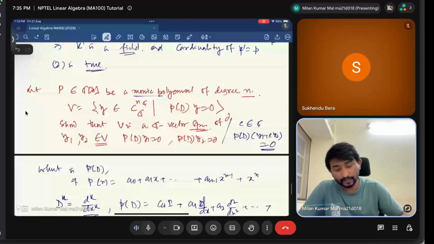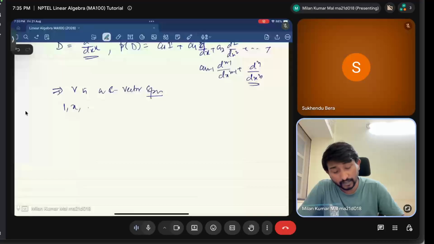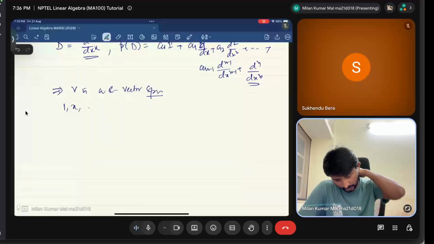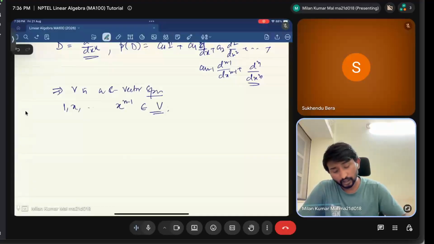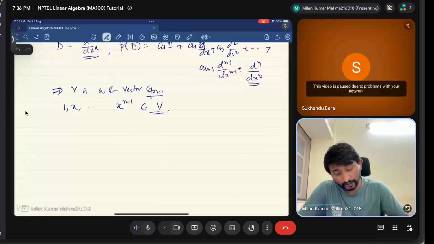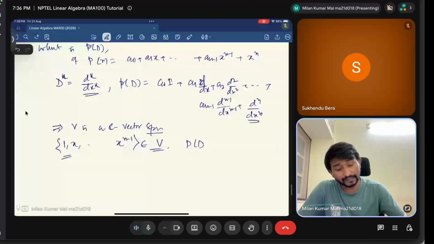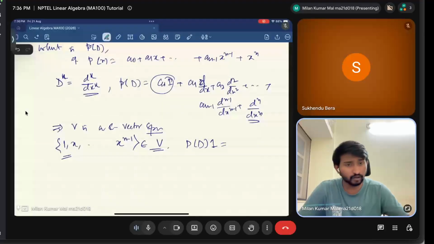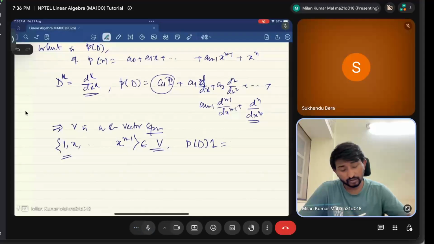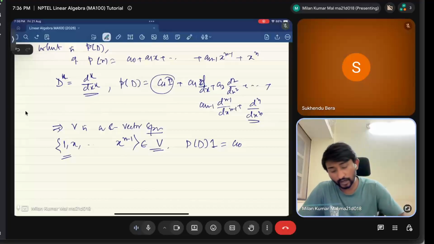What are the elements in there? Clearly, 1, x, and so on, all these terms would be contained in the vector space V. Note that if you take the constant function 1 and try to find P(D) of 1, it will be 0 at each stage, and only at one point it will be a0. So I want that 1 is there, with P(D)y = 0. Oh, sorry, 1 is not there, I think.